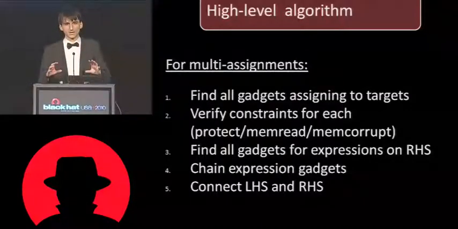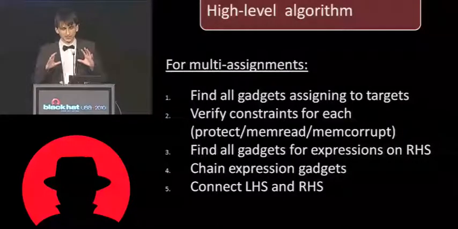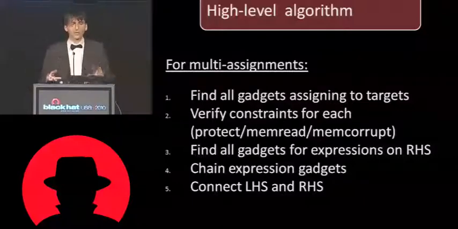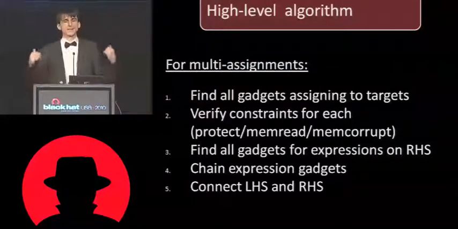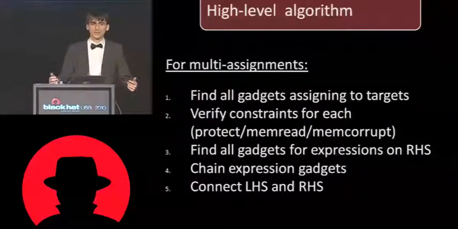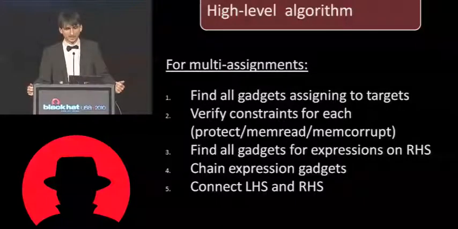If a ROP shellcode for this order cannot be built, what the compiler does is it just chooses another permutation of the assignments and triggers the procedure again.